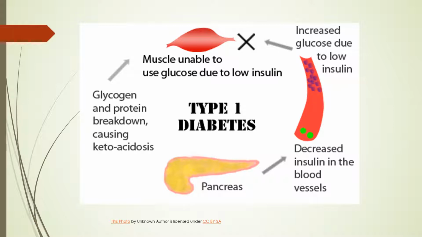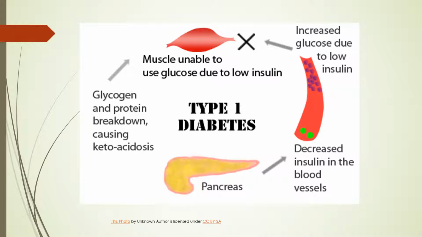So here's how type 1 diabetes works. Everybody has a pancreas that's located around your stomach area, and in type 1 it has decreased insulin output into the body. Your glucose is going to rise because of the little or, well, actually no insulin. Your muscles aren't able to use the glucose due to the low insulin.